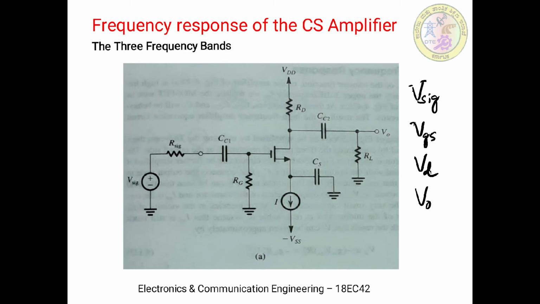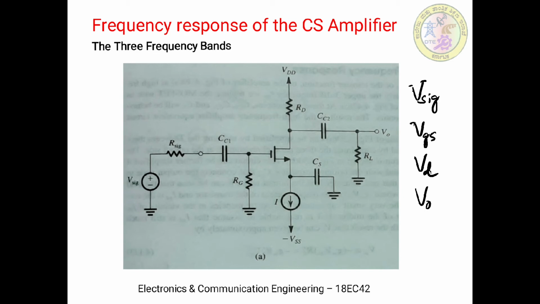By neglecting all these capacitive effects we derived the expression for the gain, so our gain equation was independent of the frequency. But now we will have to consider the effect of input signal frequency on the gain of the common source amplifier.